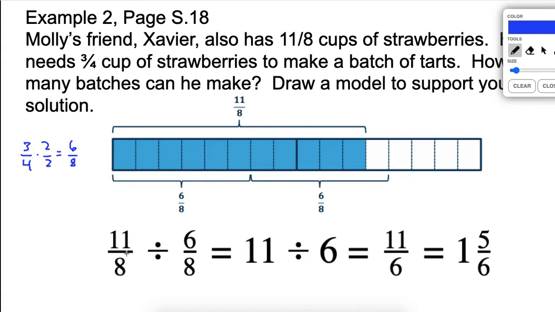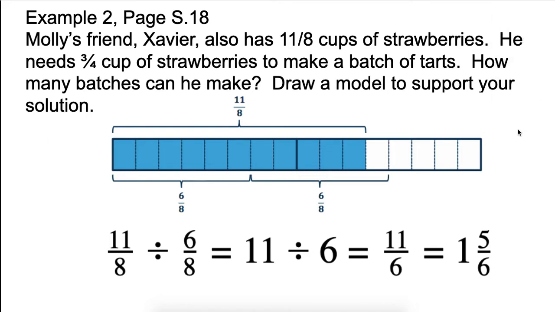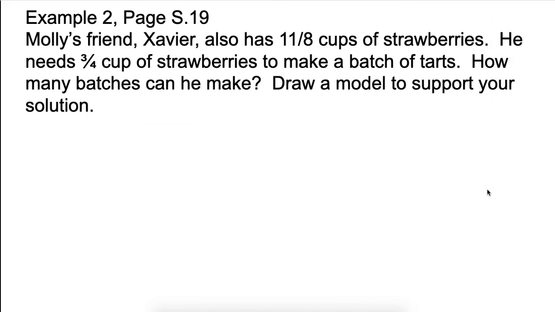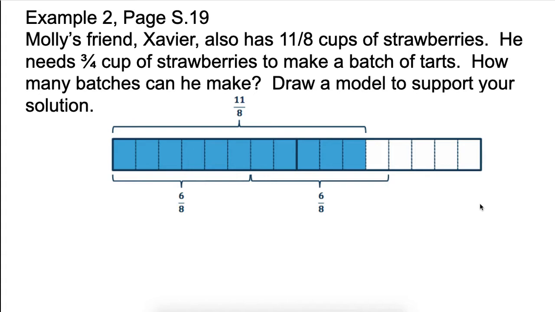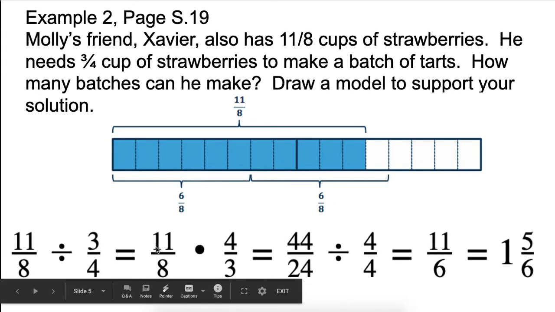But notice, if you have a common denominator, you can just divide the numerators to get that. But let's look at this in another way, okay? So let's go to this same problem here, same picture. Let's just try the reciprocal way. We take 11/8 divided by 3/4, because that's really the problem. We want to know how many times 3/4 goes into 11/8.